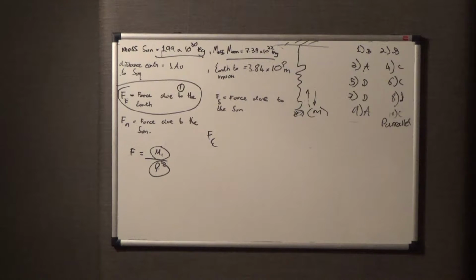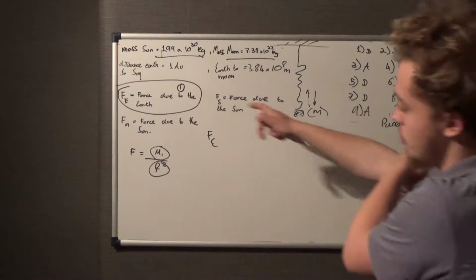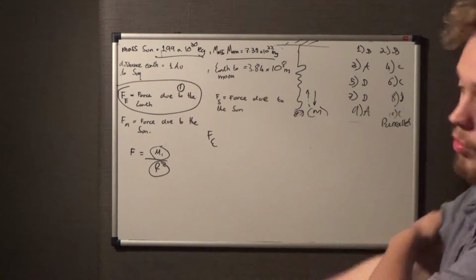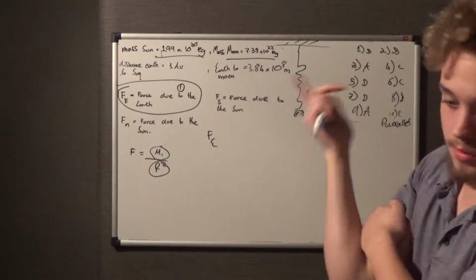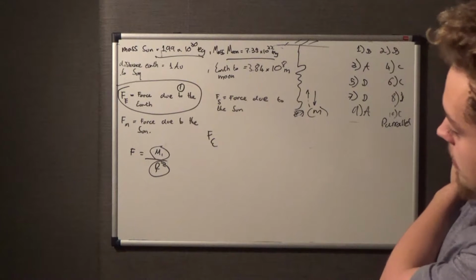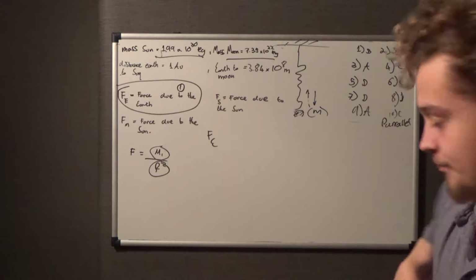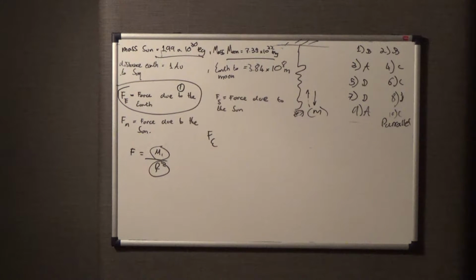So if that's all you realised, that the force due to the Earth is the greatest, but couldn't work out the other two because you ran out of time, then you can straight away go, oh, it's going to be A or C. So it's either going to be the force of the Sun that is greater than the Moon.